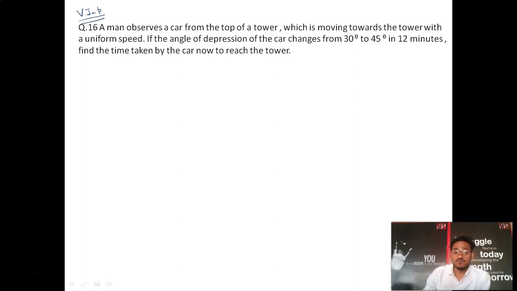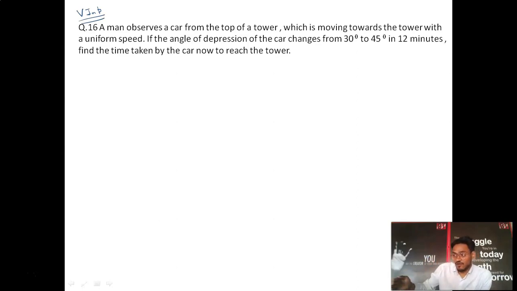A man observes a car from the top of a tower, which is moving towards the tower with a uniform speed. If the angle of depression of the car changes from 30 degree to 45 degree in 12 minutes, find the time taken by the car now to reach the tower. Students, there is a tower, and from the top of the tower a man is observing a car, which is moving towards the foot of the tower. Firstly, the angle of depression he finds is 30 degree.